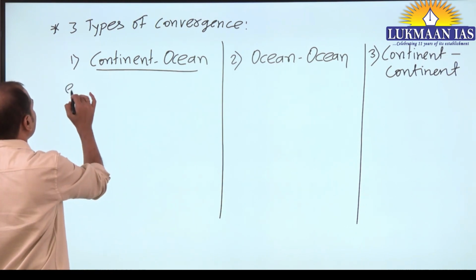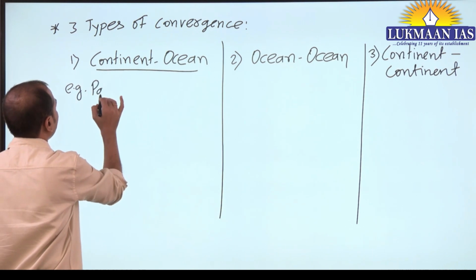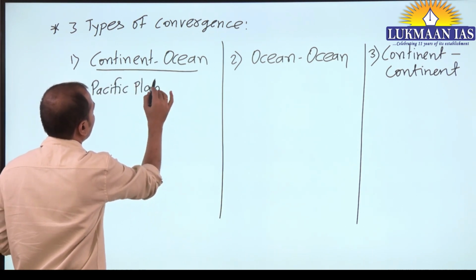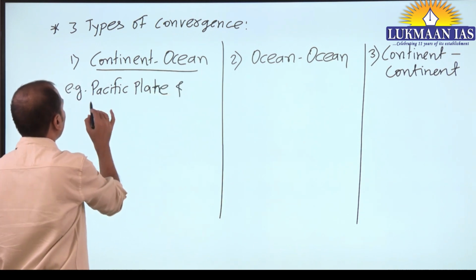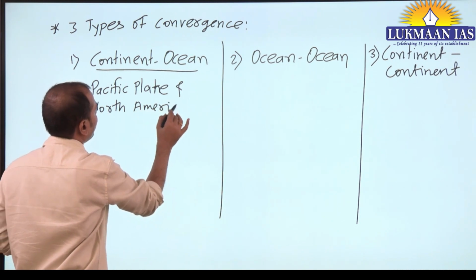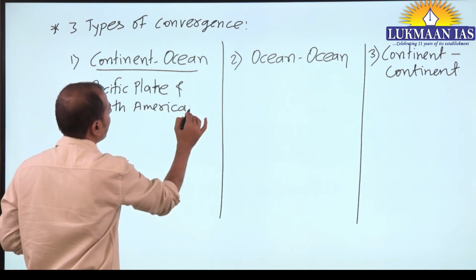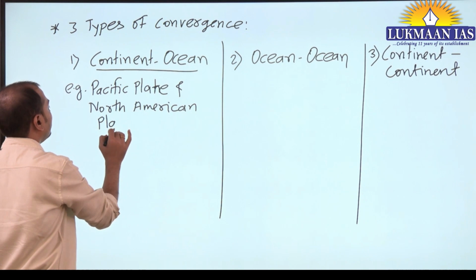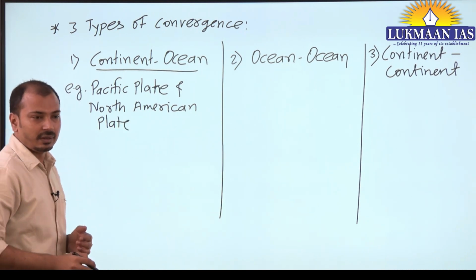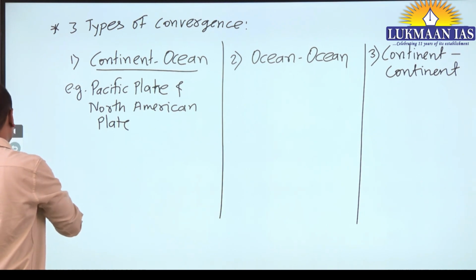Example, the Pacific plate and the North American plate. The Pacific plate, being heavier and denser, will subduct under the North American plate. I will show it in a diagram.